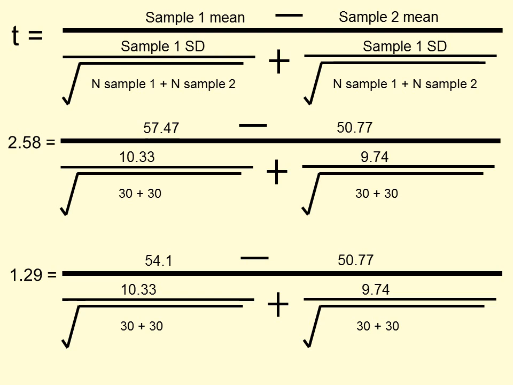The result of this is that t is 1.29, which is exactly half of what it was before. Simple really, halve the effect size, halve the t-value, double the effect size, double the t-value.